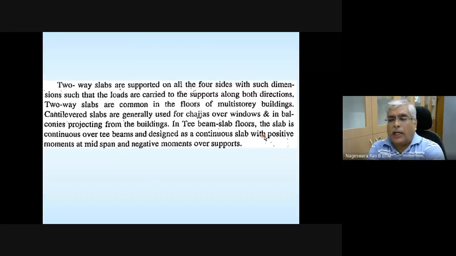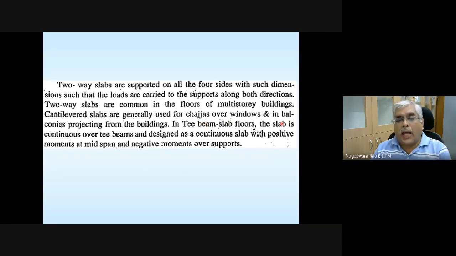Even in your classroom in IIT, in BSB, if you recall, and you just look at the flooring system, the slab is actually continuous over the beams. Okay. So whatever that flooring system is, it is going to act like a T-beam slab floor. In a T-beam slab floor, the slab is continuous over T-beams and designed as a continuous slab with positive moment at mid-span and negative moment over the supports.